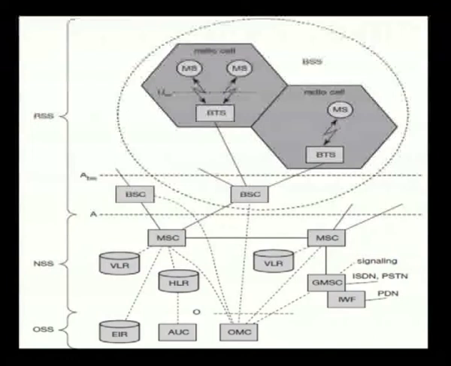From the functional architecture of GSM, we are able to identify almost all the components, like NSS components, RSS components, including VLR, HLR, GMSC, and in the OSS layer we have also covered the OMC and the authentication center. In the next lecture, we will cover the EIR, that is the Equipment Identity Register.